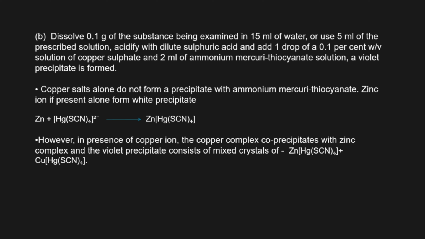A violet precipitate is formed. Copper salt alone does not form a precipitate with ammonium mercuric thiocyanate. Zinc ion, if present alone, forms white precipitate. However, in the presence of copper ion, the copper complex co-precipitates with zinc complex, and the violet precipitate consists of mixed crystals of zinc mercuric thiocyanate and copper mercuric thiocyanate.